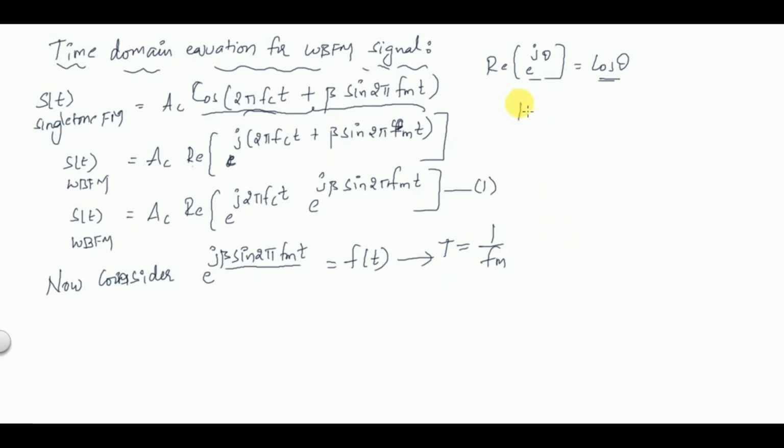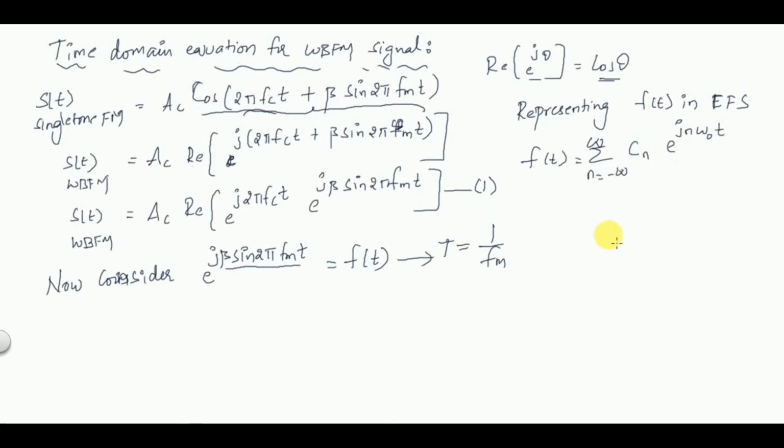So representing this f of t in exponential Fourier series, we have f of t is equal to summation n is equal to minus infinity to infinity Cn into e power j n omega naught t.